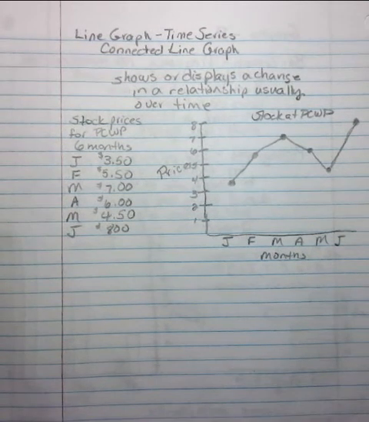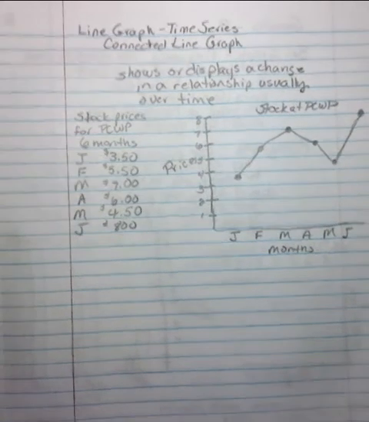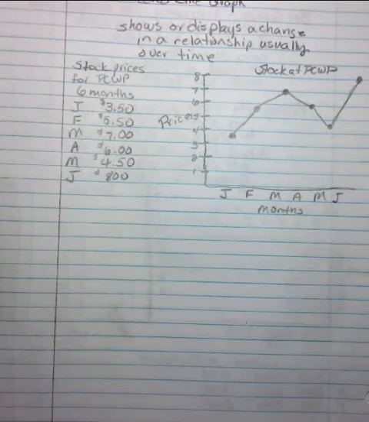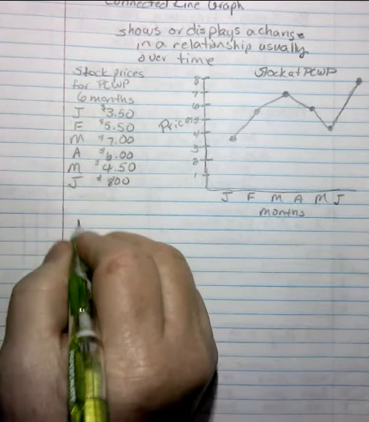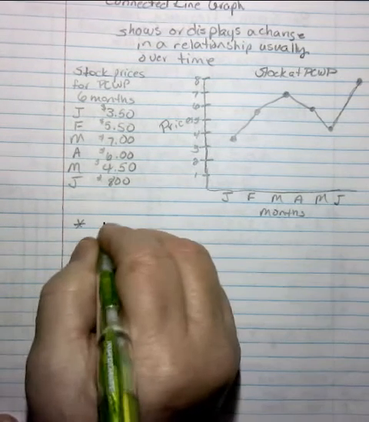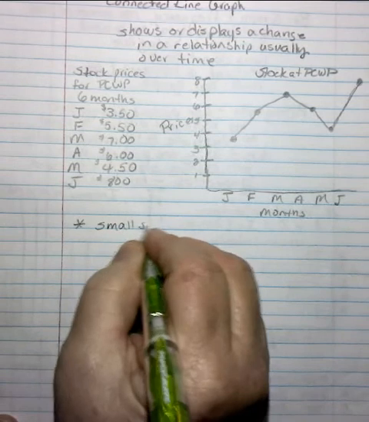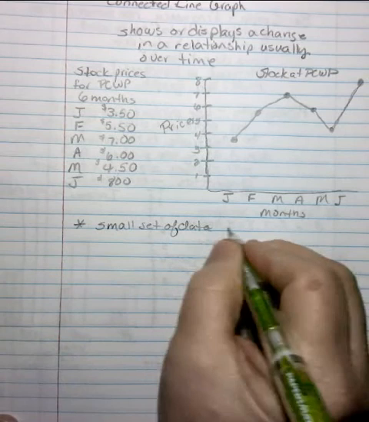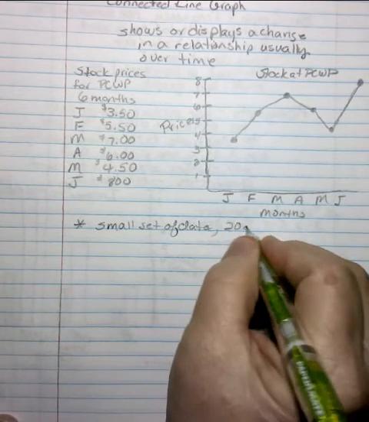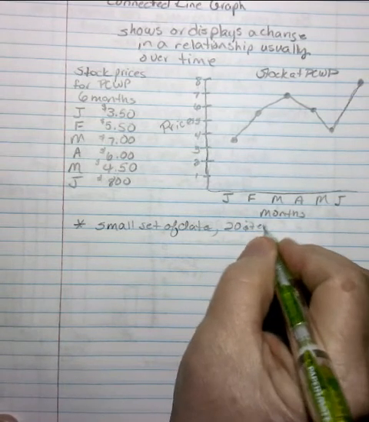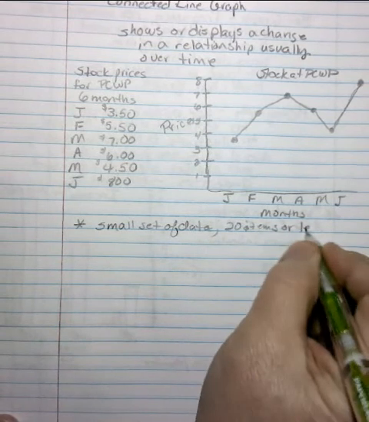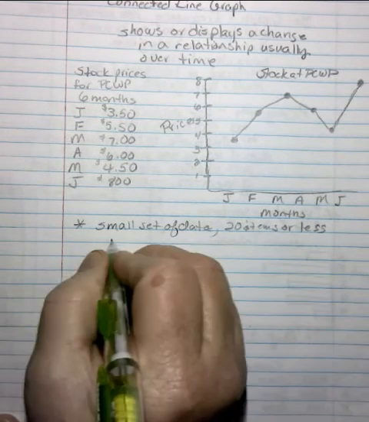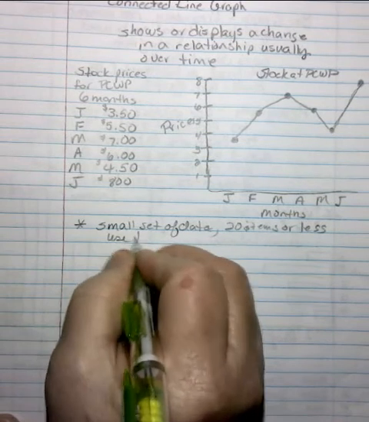Now, last but not least, I want to go over some things that you should think about as you're making any type of graph. There are things to consider. One of the first things to consider is if you have a small set of data, perhaps 20 items or less, you might want to use a table instead of a graph.